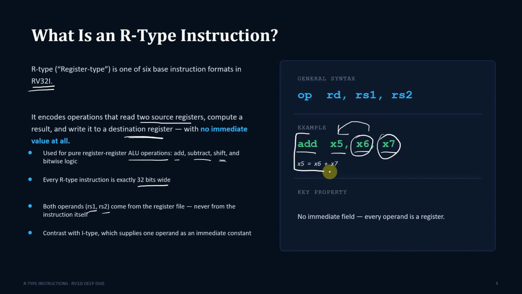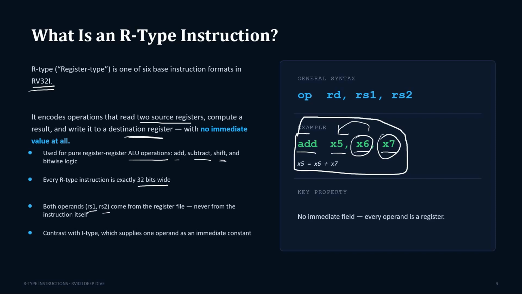In this instruction, I am telling the processor to add the contents present in these two source registers and store the result in the destination register, which is x5. I am not specifying the value; I am just specifying which register the value is present in, so that the processor looks into those registers and, after performing the addition, stores the result into the register we have specified. We are not going to have any immediate value present in the instruction itself. Now if I write down add x5, x6, x7, my processor is not going to understand it.